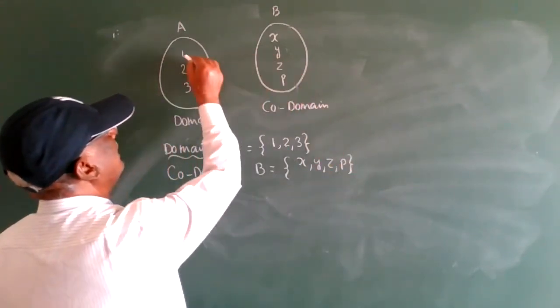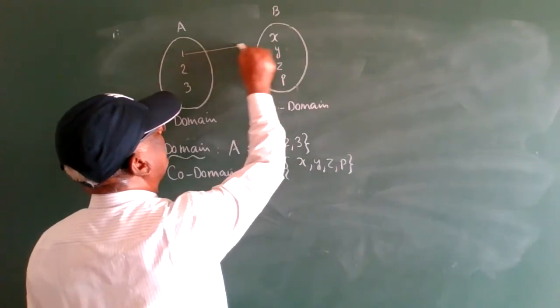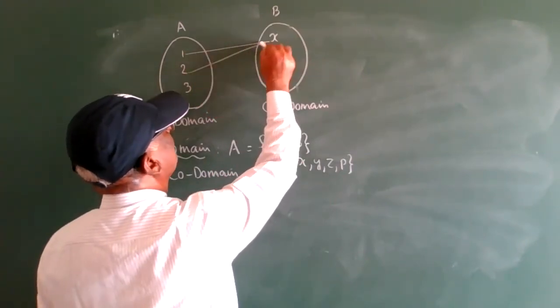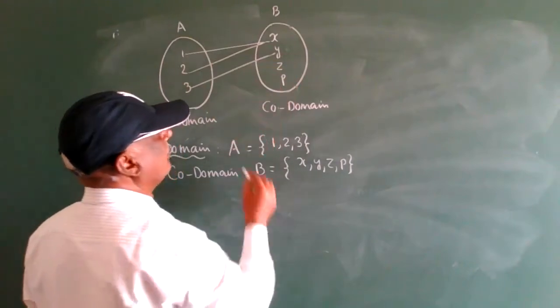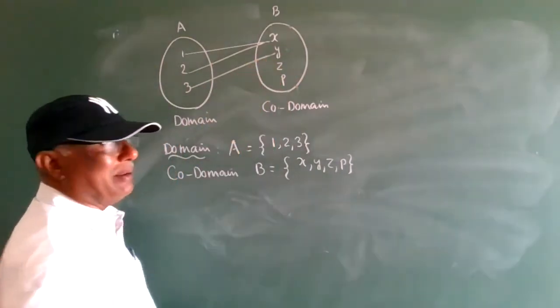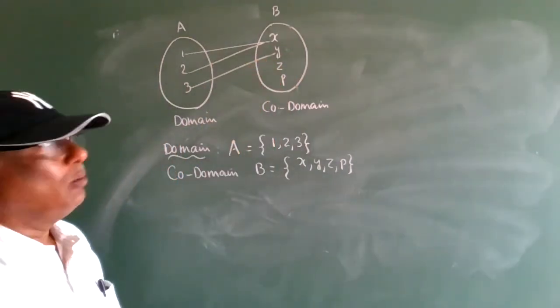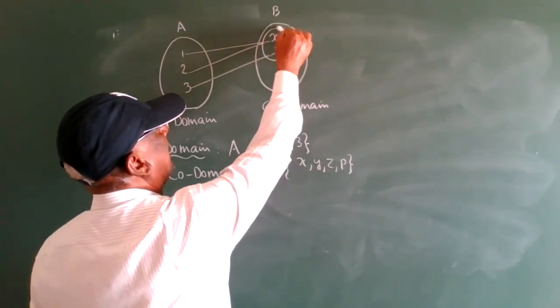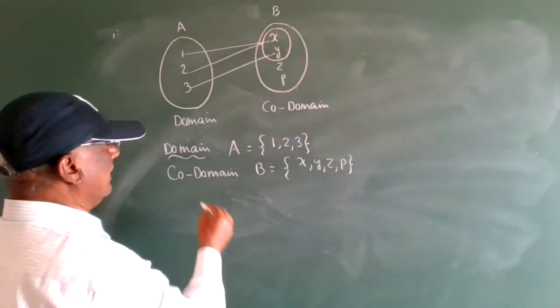Next, the range. Everyone observe the range. Only the mapping elements are the range. This is the range.